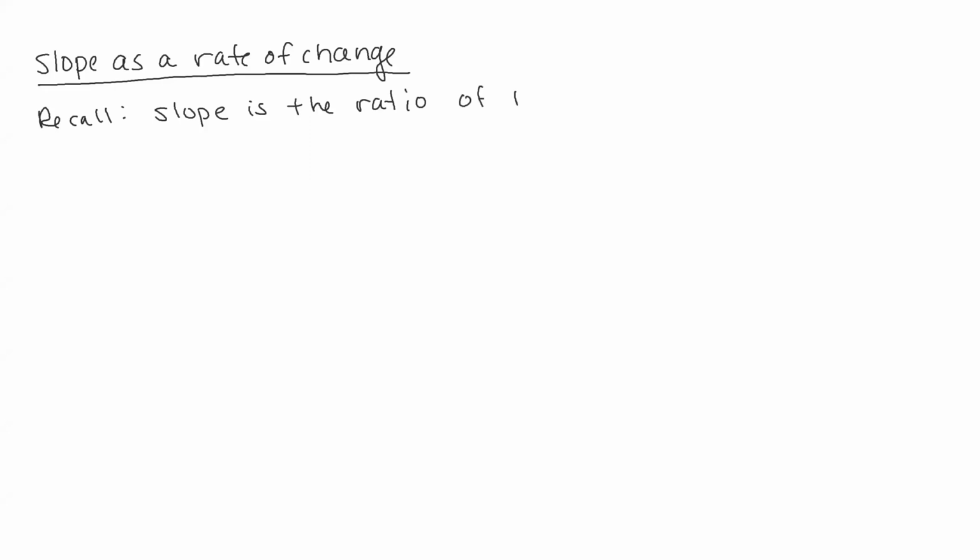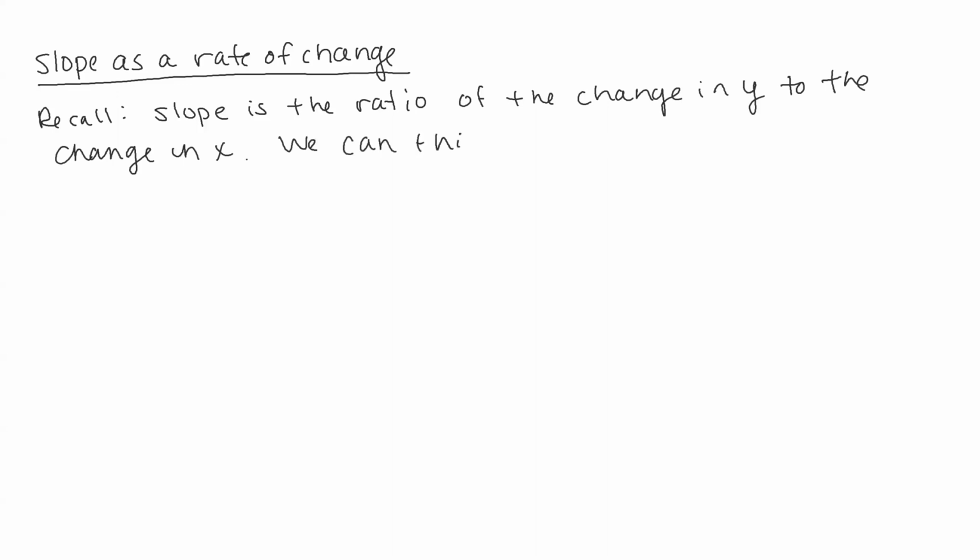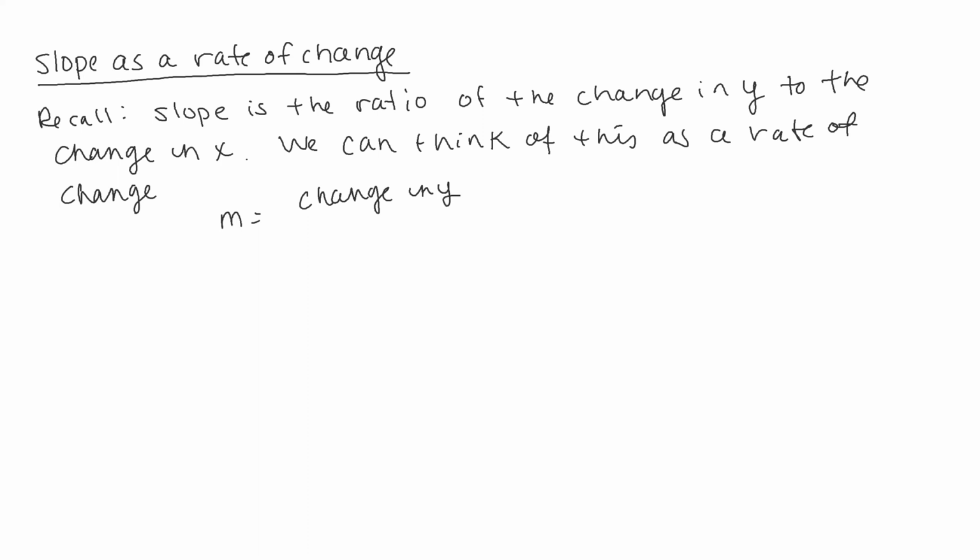So it's the ratio of the change in y to the change in x. We can think of this as a rate of change. So quite literally, m equals the change in y over the change in x. And just remember, that's y2 minus y1 over x2 minus x1.